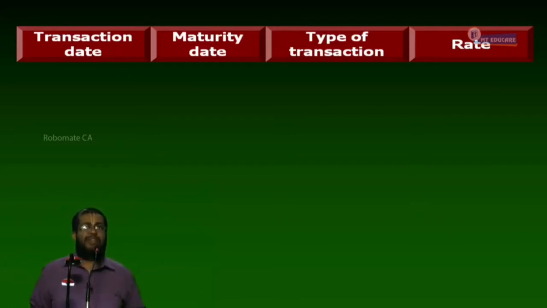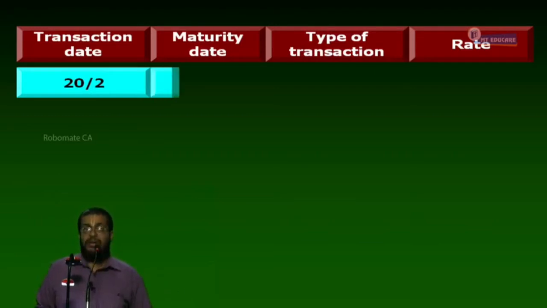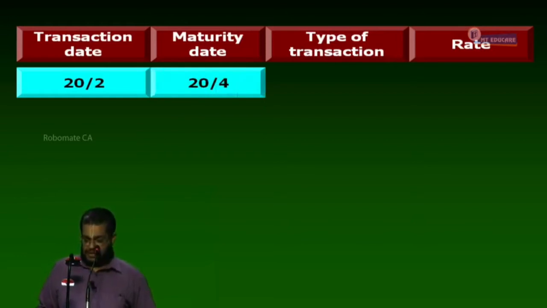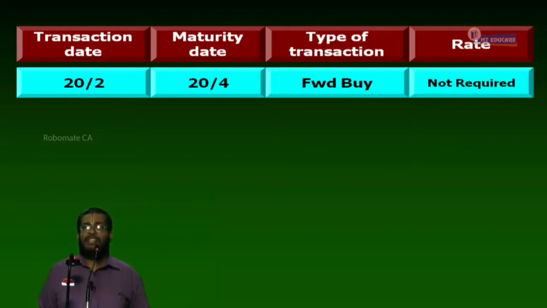First, I went to the bank on which day? 20th February. I went to the bank on 20th February. Entered into a forward transaction expiring on what date? 20th April. The transaction type is what? Forward buy. The rate is given, but should I write or not? No. I need not waste my ink in writing that number. It is not required. Can I proceed to the next step?